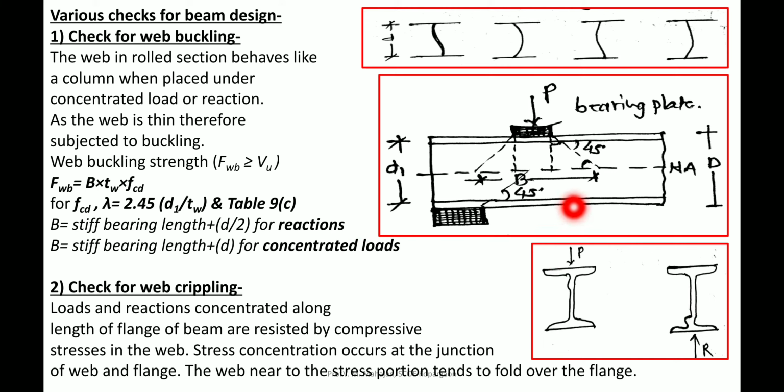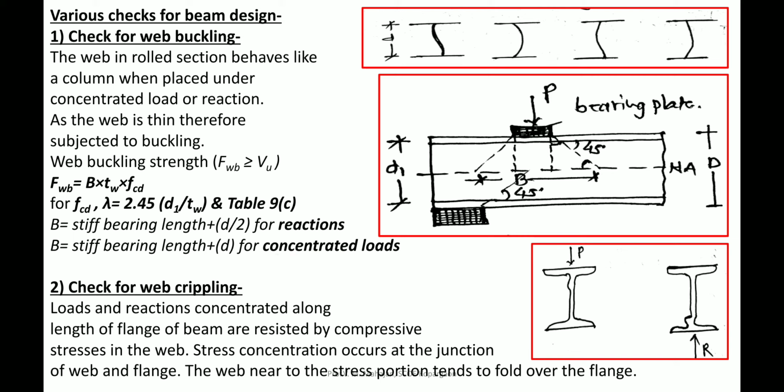Here the concentrated load acts vertically downward and the web buckles or cripples like this because of the load acting over the top flange, or the failure may occur at the bottom section also, where the reactions act vertically upward.